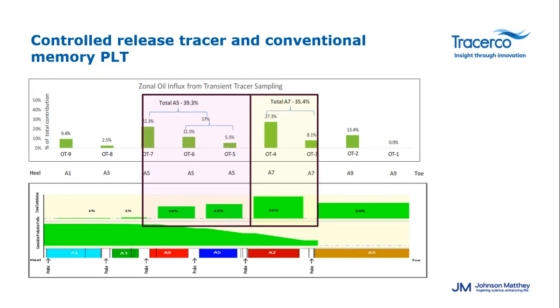The boxes outline the total for the zones and the breakdown of production per location measured by both data sets. Both the PLT and the transient study showed nearly equal production for A5 and A7. However, there was a discrepancy in the production from A1 and A3.